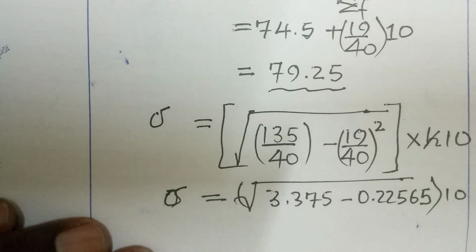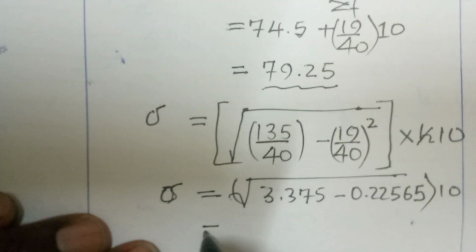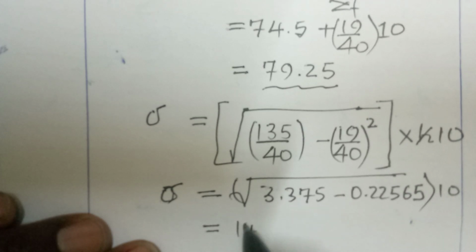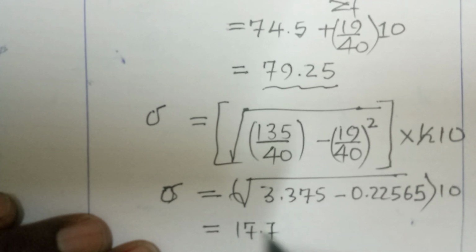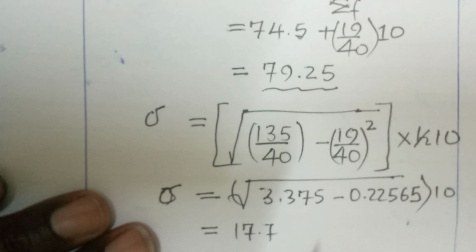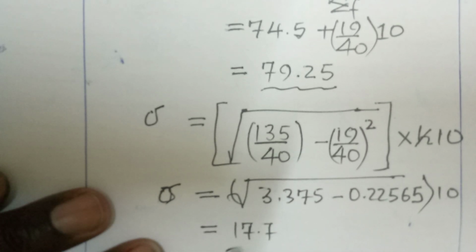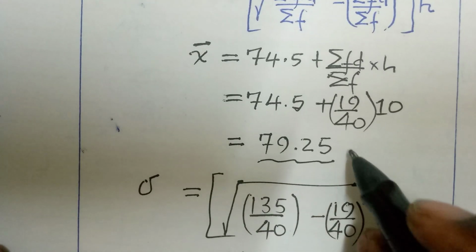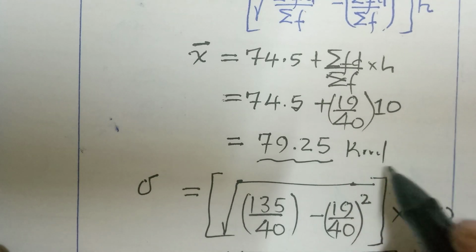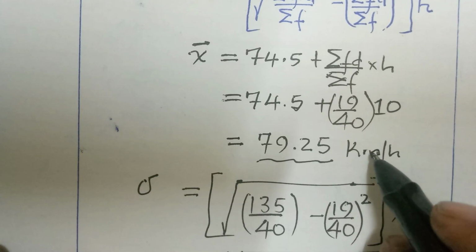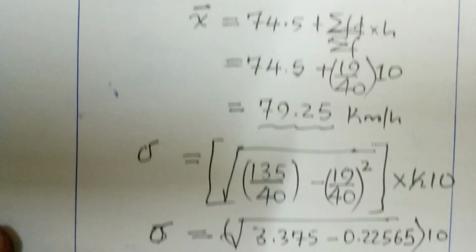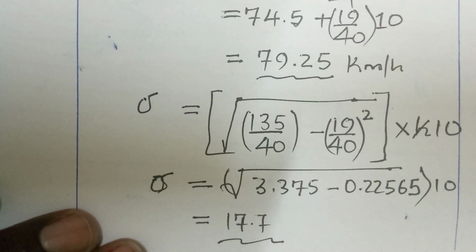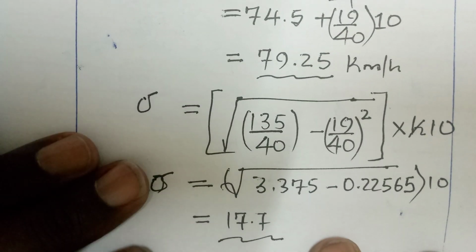So this one will give us 17.7. That is the standard deviation. Remember, this one is in kilometers per hour, and also this one can still be in kilometers per hour, but we can let it remain like that.